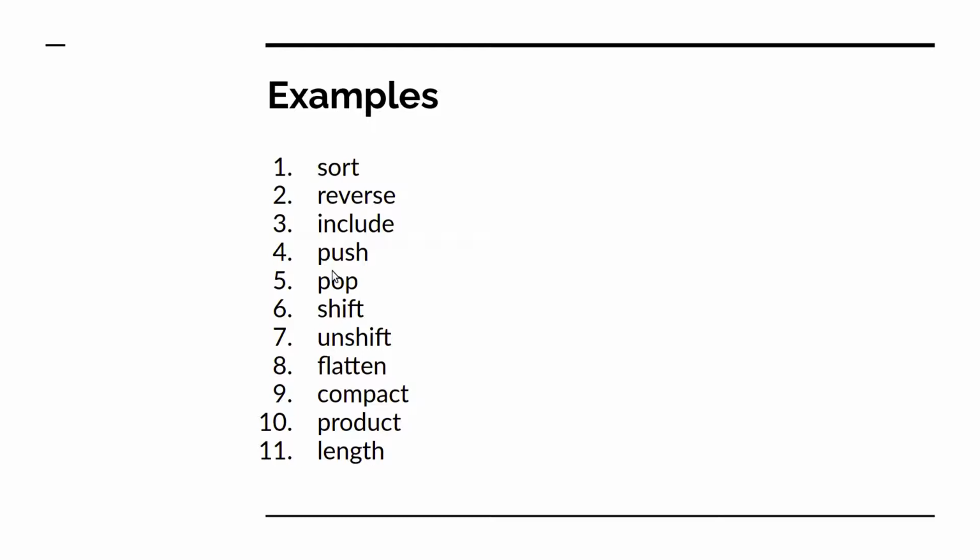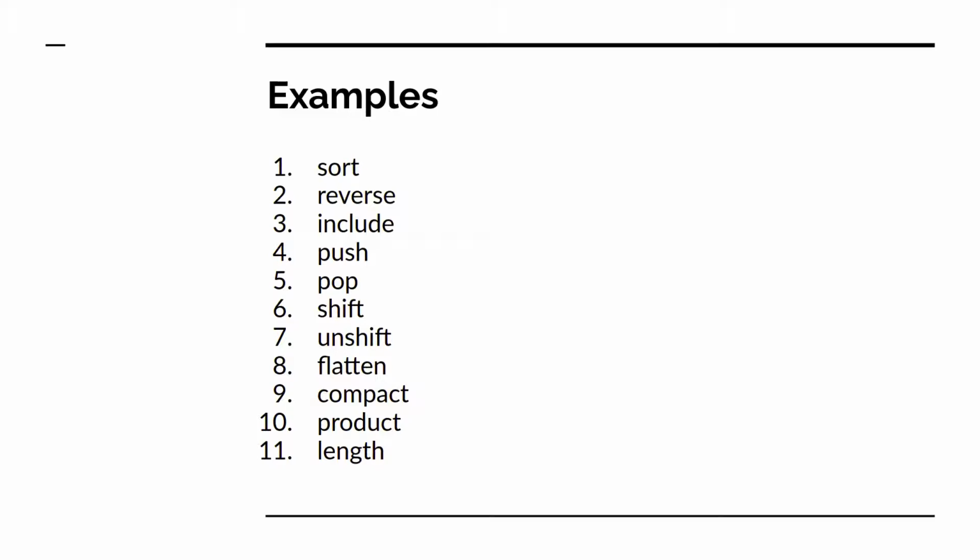Push and pop, we have already seen those methods. The push method is used for inserting an element at the last of the array, and pop is the method that can be used for removing an element from the last of the array, or from the end of the array. And shift is for removing an element from the array, but it removes the element from the initial of the array, or the beginning of the array.